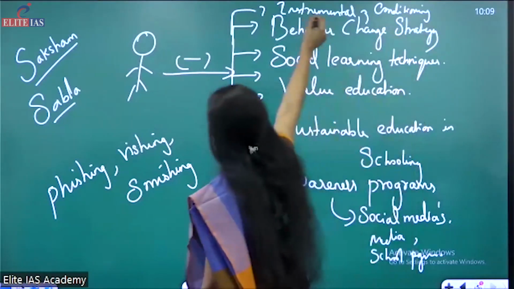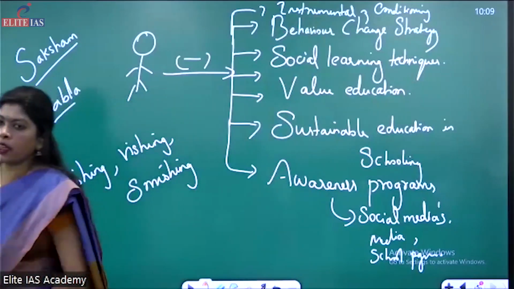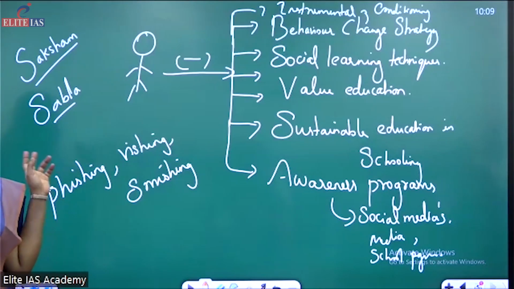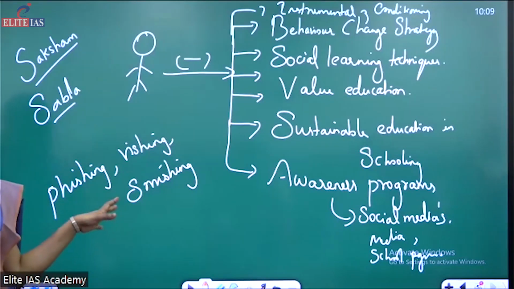I'll explain this word. We are going to see it today. In the formation of attitude, these words will come. Have you seen anywhere this phishing, vishing, smishing? Very recently a businessman lost 50 lakh rupees from his account.